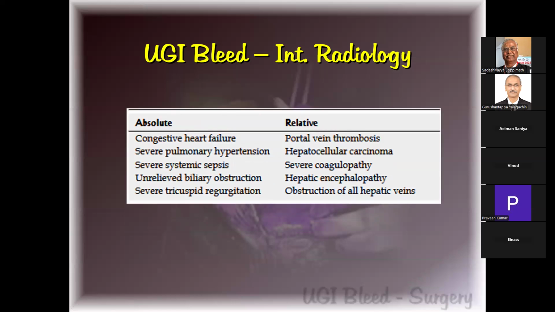Which are the contraindications? It's a long list, as you can see. The patient is in heart failure, pulmonary hypertension, sepsis, unrelieved biliary obstruction, any heart disease, or portal vein thrombosis. If the portal vein itself is thrombosed, TIPS is not going to help you at all. Also if they have a tumor in the liver, coagulopathy, or encephalopathy. It makes encephalopathy worse.